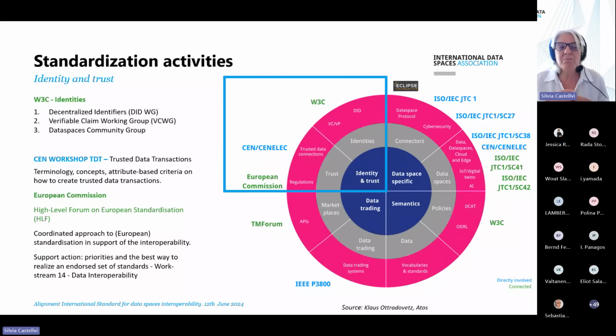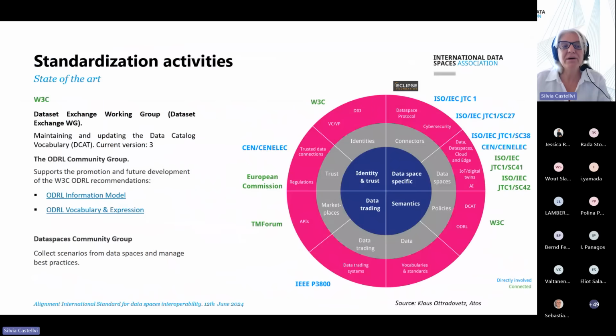But also a very important workshop on trusted data transactions, and very relevant the efforts of the European Commission in order to contribute to standardize data spaces, and we will go through it a little bit deeper later.